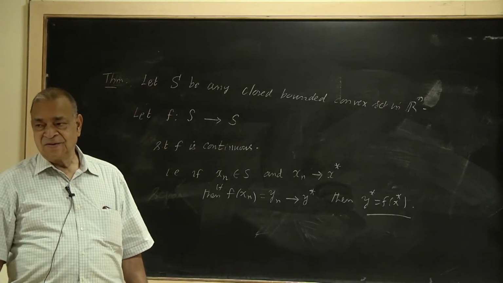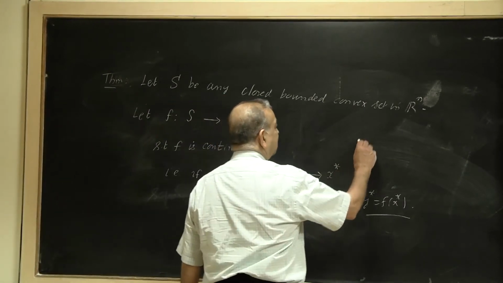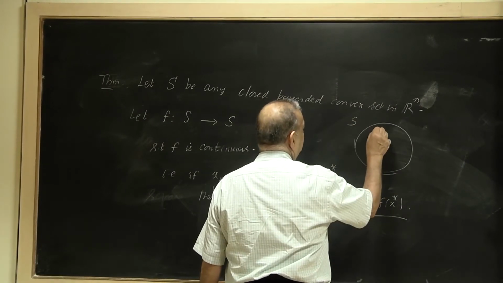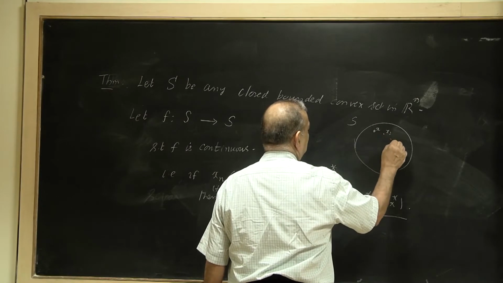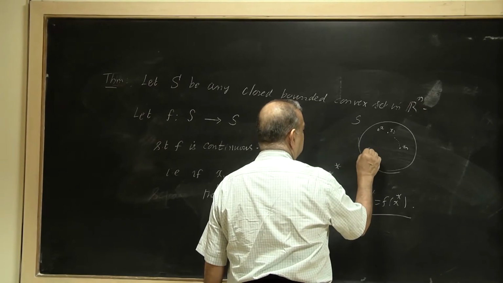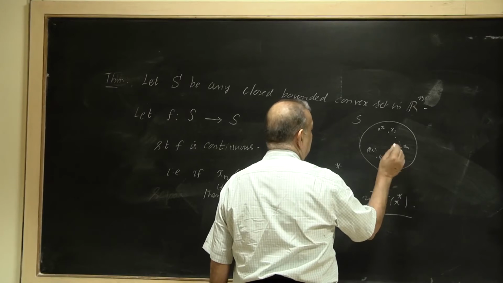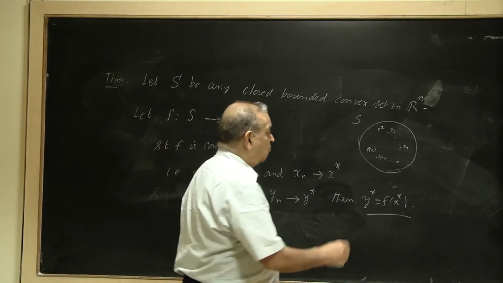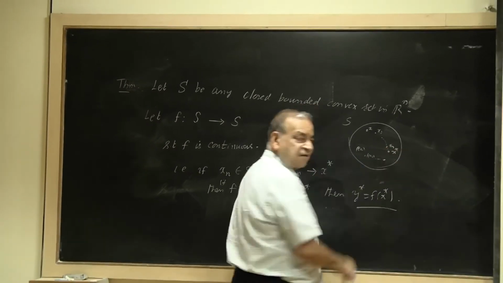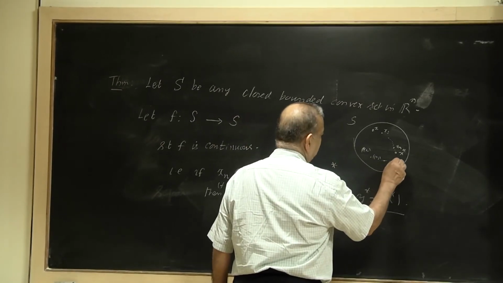So that is the thing which you should appreciate. What it really says is, imagine this is your set S and some points x1, x2. So this is xn. The image of x is fx. So this is f of x1, f of x2. Now this one ultimately reaches x star. Now this one ultimately reaches y star.